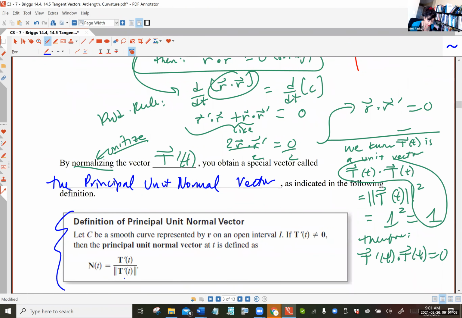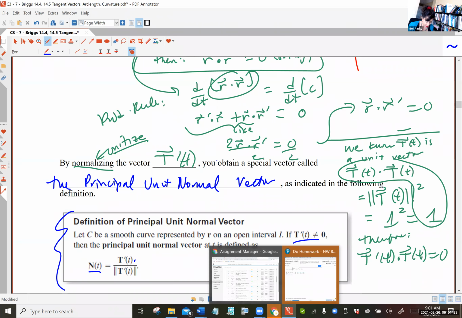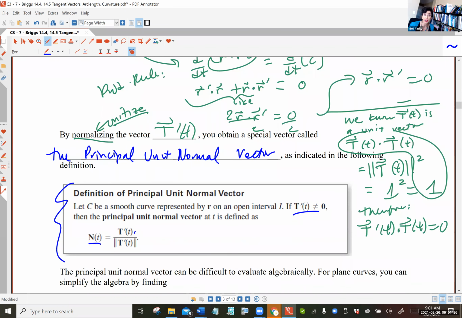And we call him big N for normal. And it's just the unitized big T prime. That's all it is. As long as big T prime is not the zero vector, of course, because that would not work. So there's your big N. And you're guaranteed that big N is orthogonal to big T.